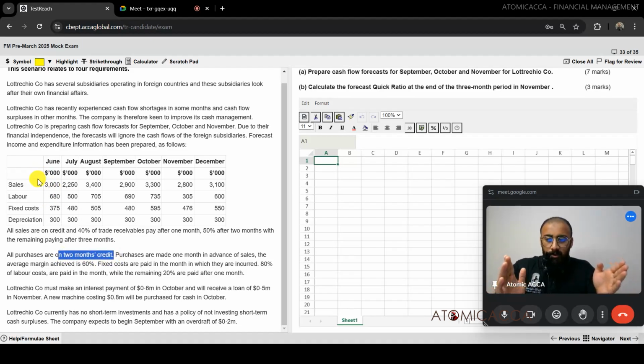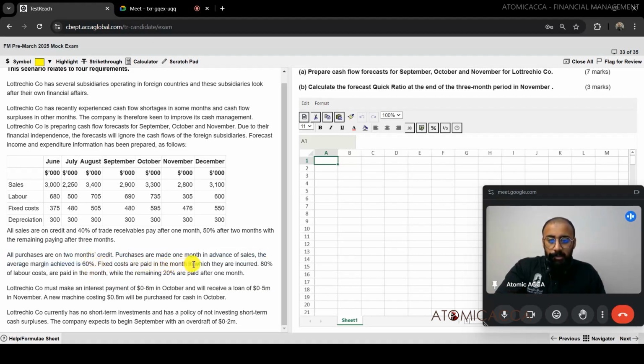So we have to first see what the purchase amounts are, then sort out the cash flows which are going to happen 2 months later. Then the average margin achieved is 60 percent. So if they're getting a margin of 60%, that means 40% should be the cost, so that will be the purchases. So this is about purchase information.